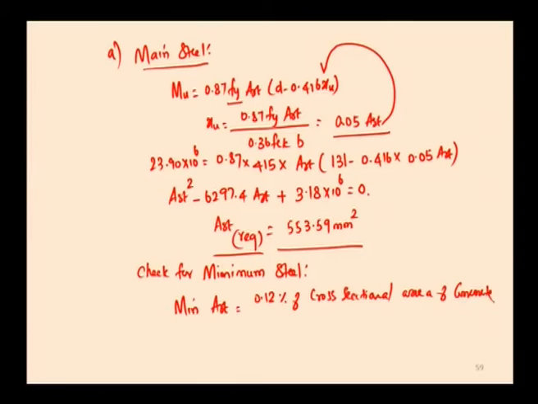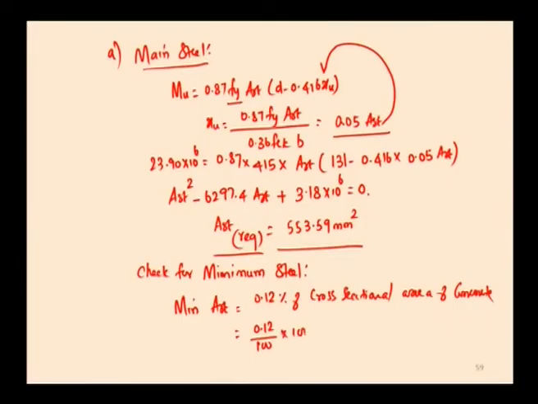That is 0.12 divided by 100 into 1000 into the depth, effective depth 131, that is 157.2 millimeter square, which is less than 553.59 millimeter square. I am going to use the main steel as 553.59.